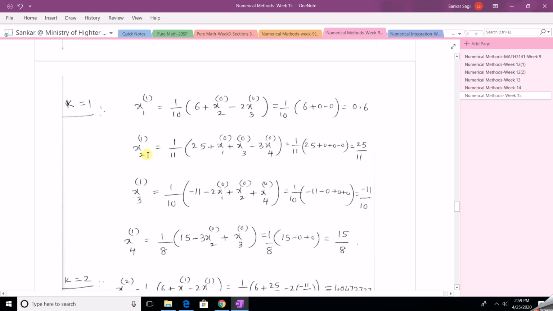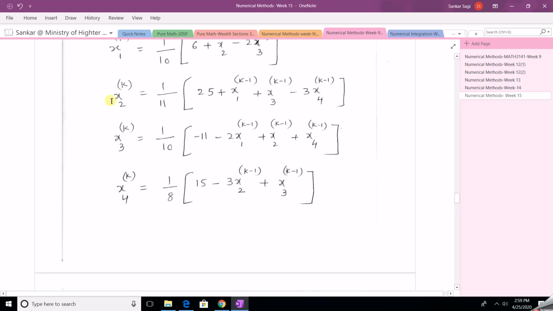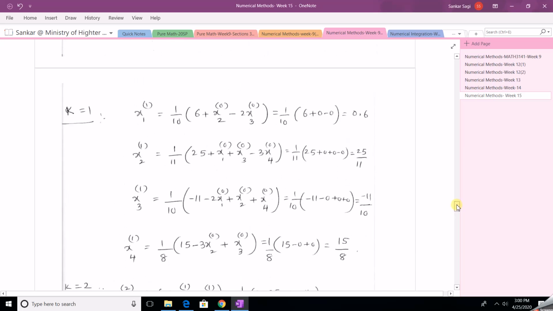So that is the first approximation of x1. Similarly, from the second equation, the first approximation of x2, with k equal to 1, is 1 over 11 times 25 plus x1 0 plus x3 0 minus 3x4 0. The initial values are given to be zeros, so you will be getting 25 over 11.